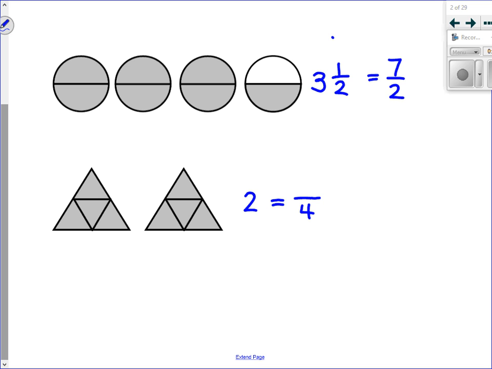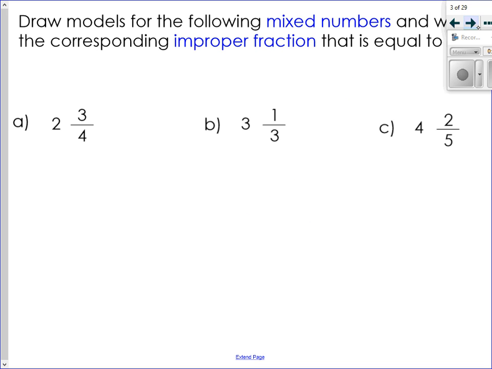And how many fourths do we have shaded? 1, 2, 3, 4, 5, 6, 7, 8. 8 fourths shaded. Oh, look at that. 8 divided by 4 equals 2. That must have something to do with how we would convert back and forth from improper fractions to mixed numbers.